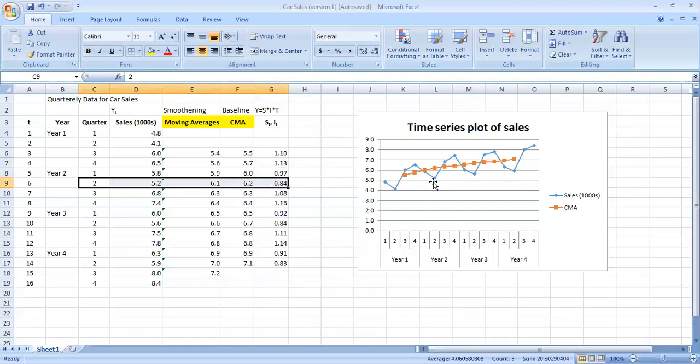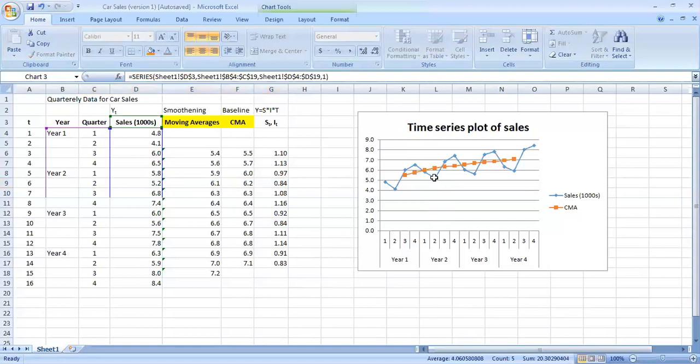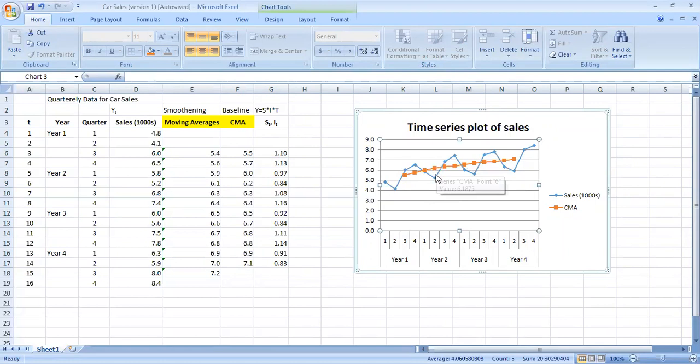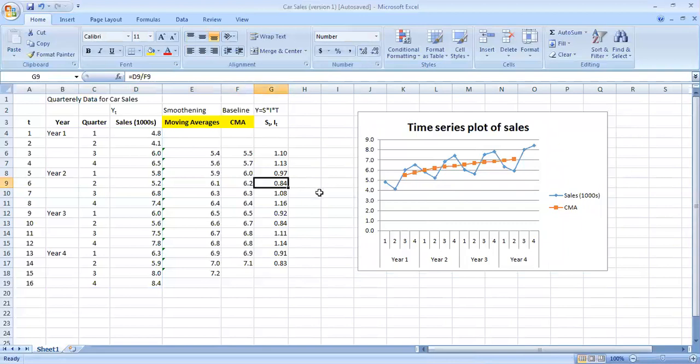When you look at this one, you can see that because of the seasonality and irregularity factor, the variation caused to the trend line is a deduction, 16% below the baseline. If it is 0.84, it's 1 minus 0.84 because it's below 1.